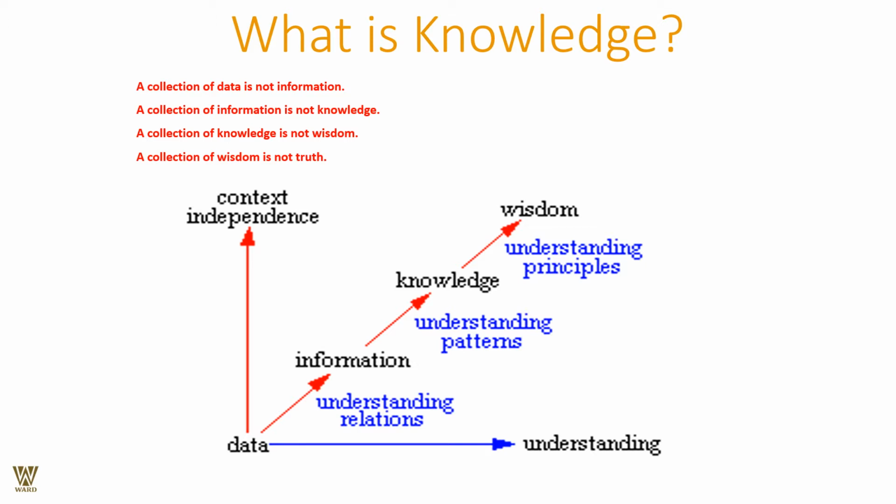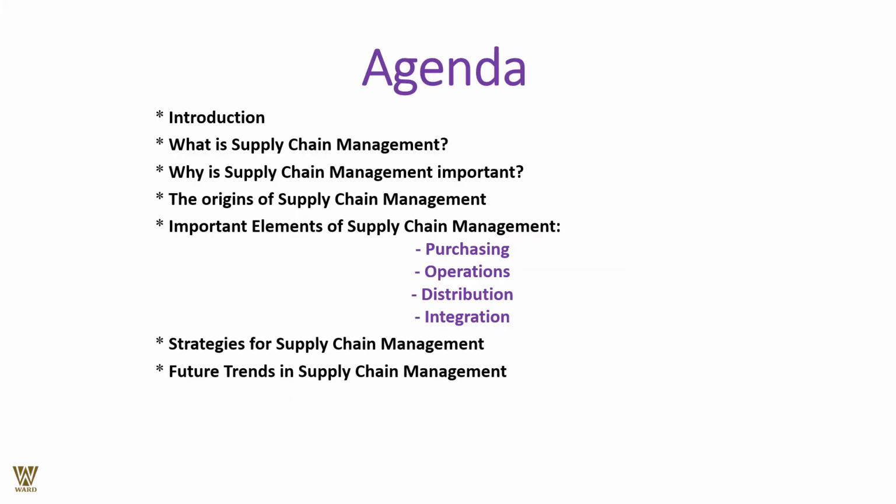If we are plotting understanding of our situation, and on the y-axis our independence or contextual dependence, as we go from data to information, from information to knowledge, and knowledge to wisdom, that is basically understanding relations, understanding patterns, and thereby understanding the principles of all.